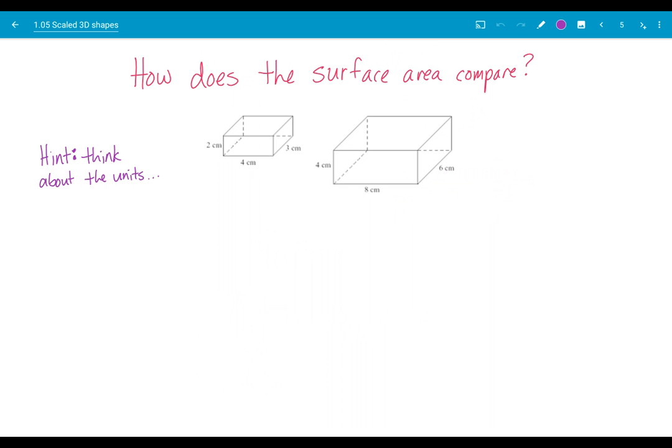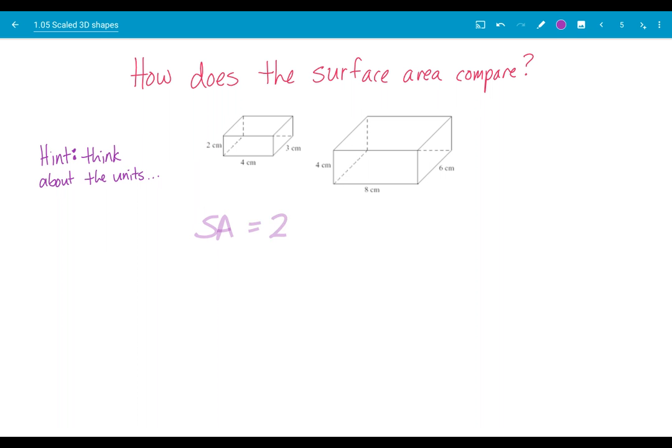Now, I'm going to leave you on a bit of a cliffhanger here. I want you to think, how would the surface area be affected by this doubling? We have the same shapes here, and I'll give you the formula if you'd like to use it.